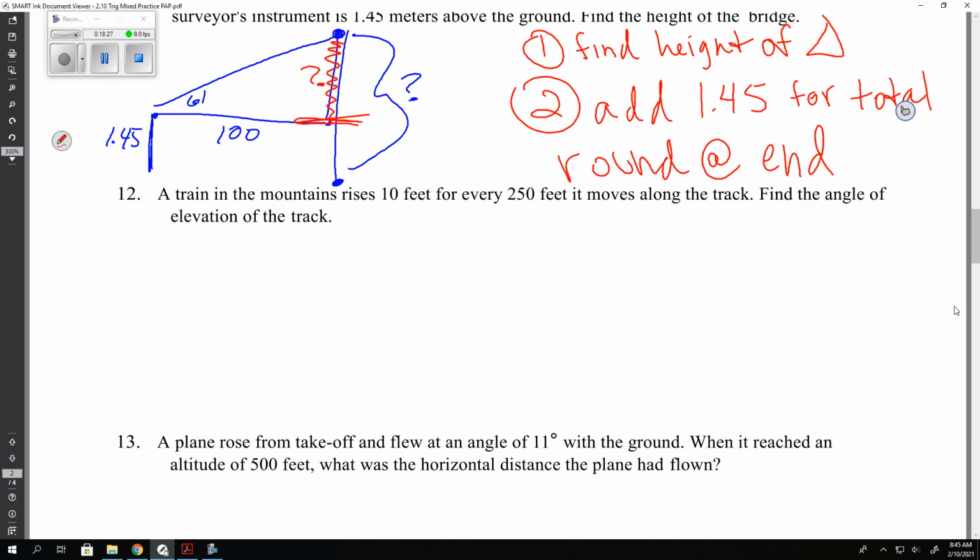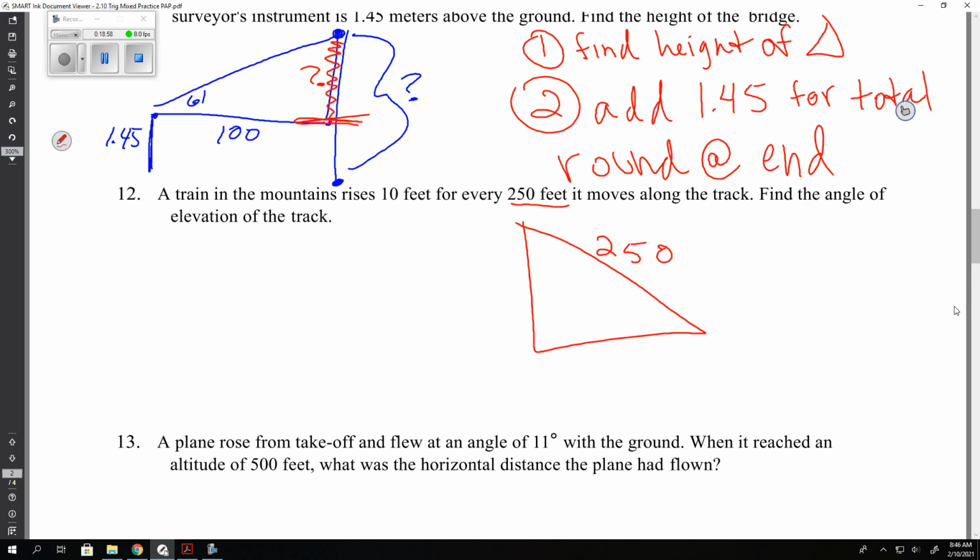So, on our triangle, which side is the train track? That's the hypotenuse. And how long are they telling us part of the track is? Yeah, 250 feet. So our hypotenuse is 250. And then what else does it say? Yeah, it rises 10 feet for every 250 feet. So y'all, rising, how's that going to be?